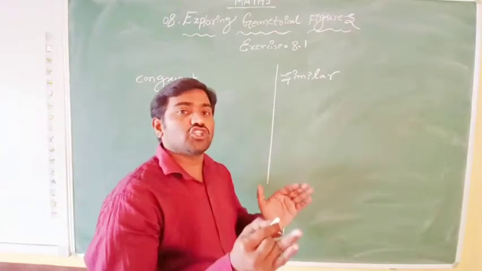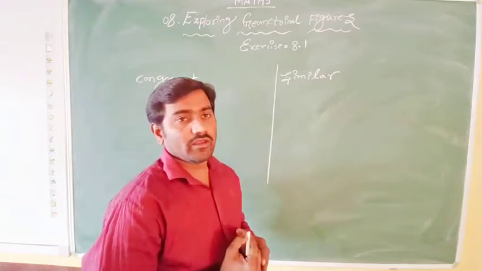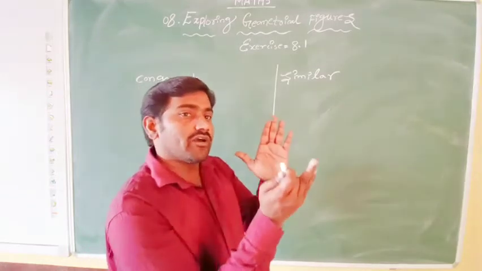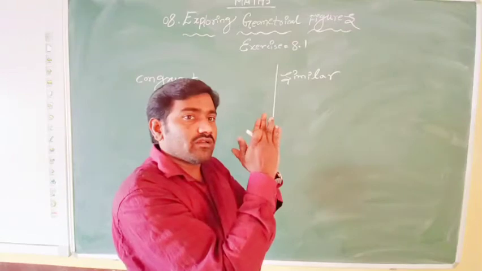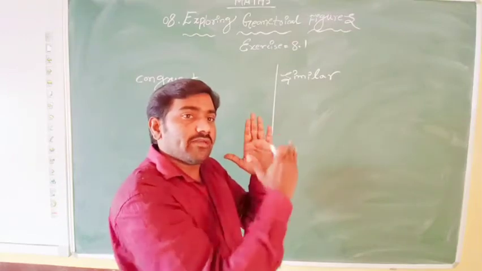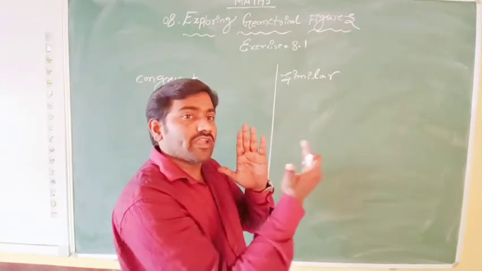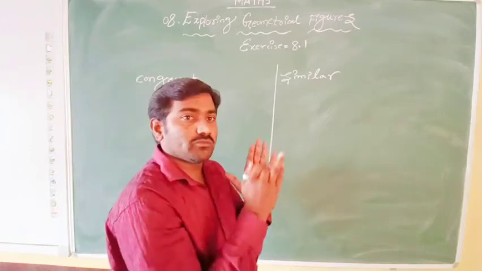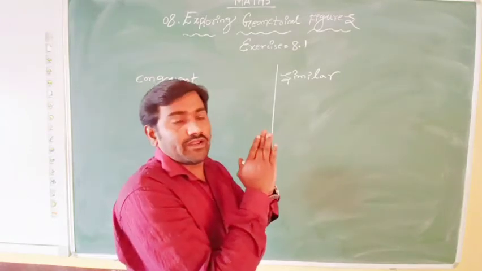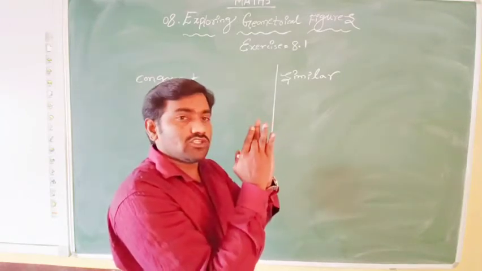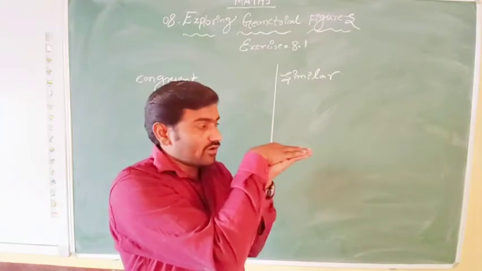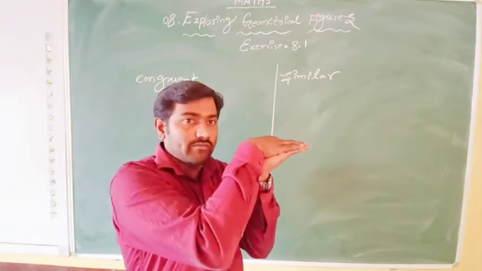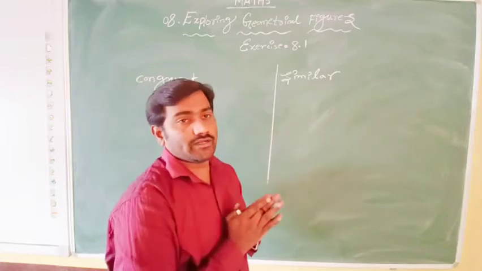Two figures are said to be congruent if you keep one figure on the other figure, it should occupy the same area without leaving a gap. They should be attached end to end, one upon another. If you keep it, they occupy the same area and they are congruent.